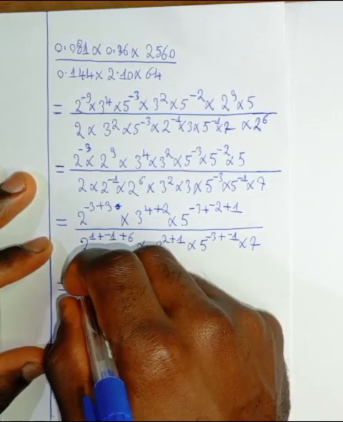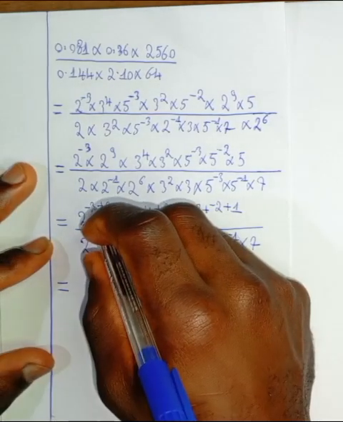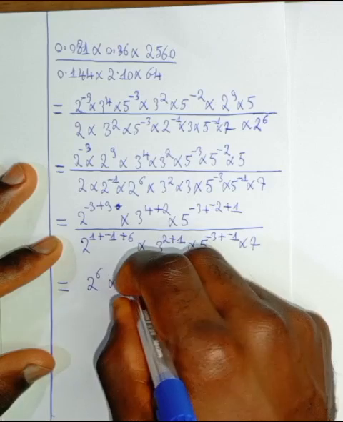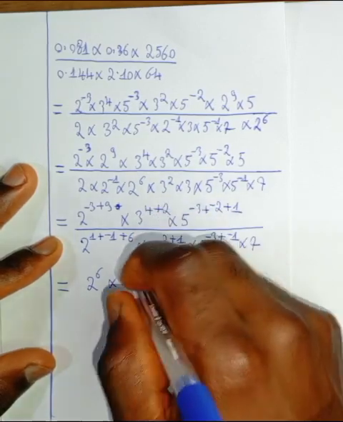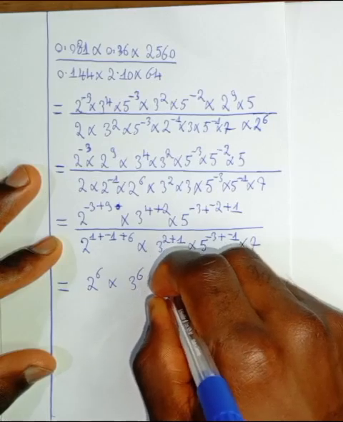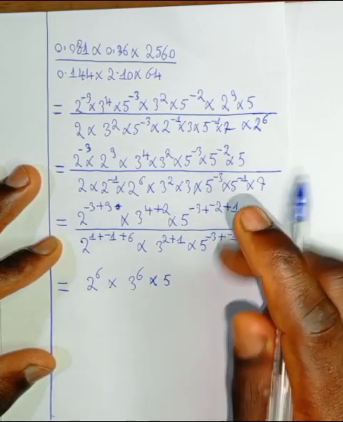This will simply be equal to 2 raised to the power negative 3 plus 9 gives us 6, times 3 raised to the power 4 plus 2 gives us 6, times 5 raised to the power negative 3 plus negative 2 gives us negative 5.